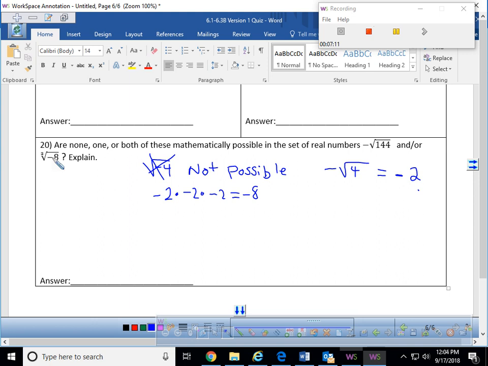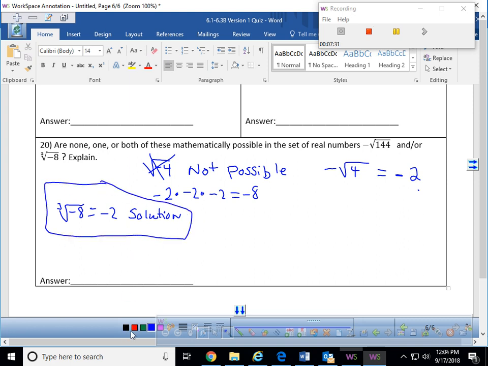So the cubed root of -8 is -2, which is a solution. So the first thing I would say is that the cubed root of -8 has a solution.